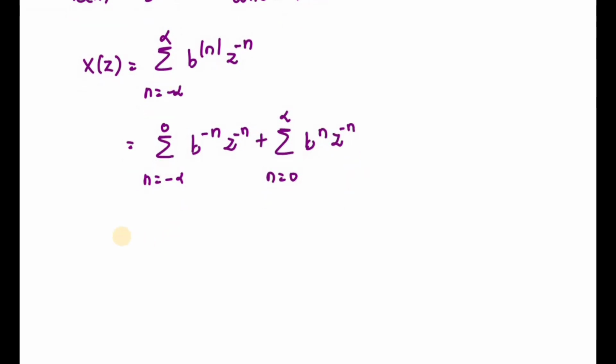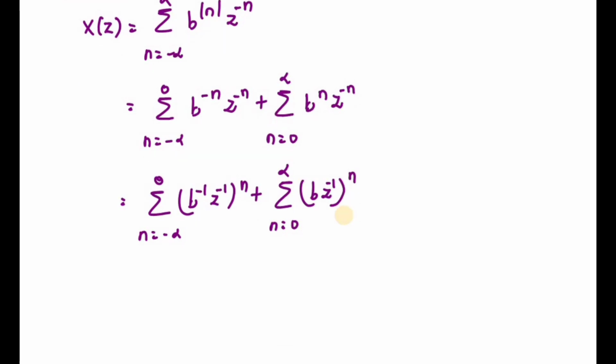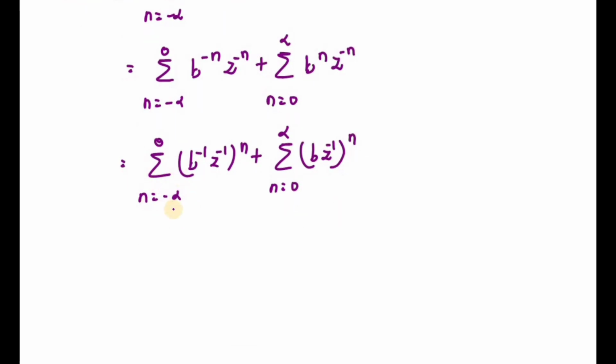So I can write it as, so as not to change, first write summation n equal to minus infinity to 0 of b power minus 1 z power minus 1, the whole power n, plus summation n equal to 0 to infinity of b z power minus 1, the whole power n. Okay, so I need to change this one.